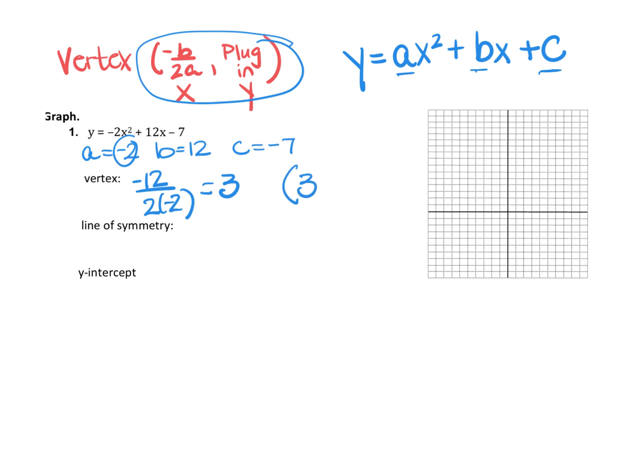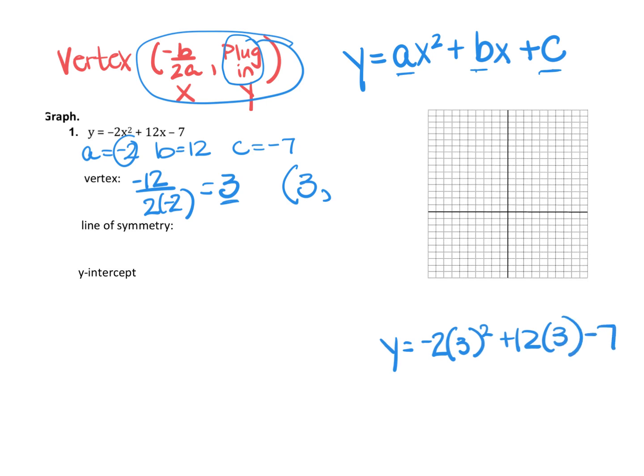Now to find the y value, we plug it back into our original equation. So y is equal to negative 2 times 3 squared plus 12 times 3 minus 7.